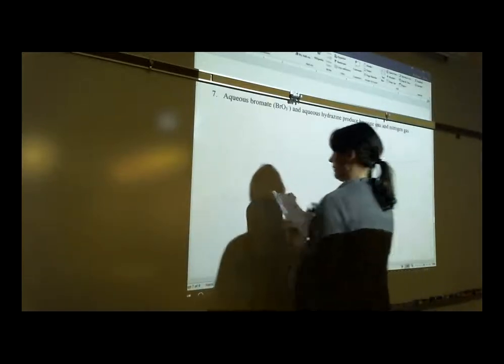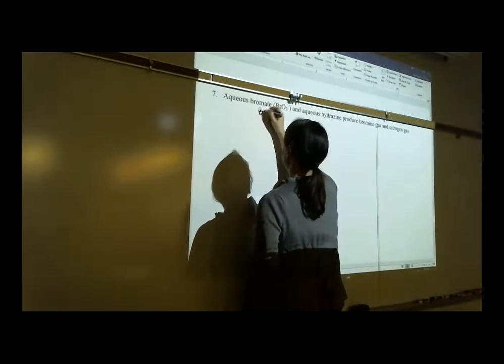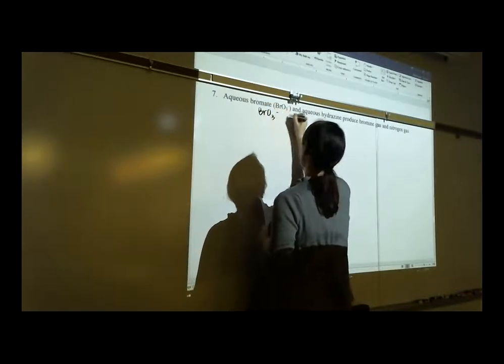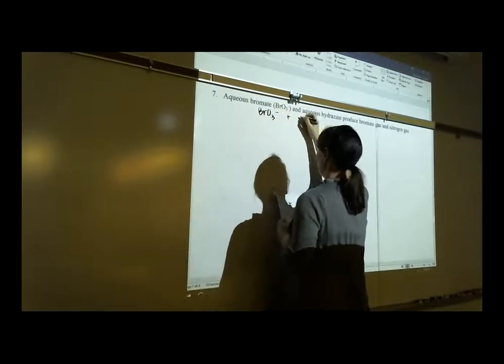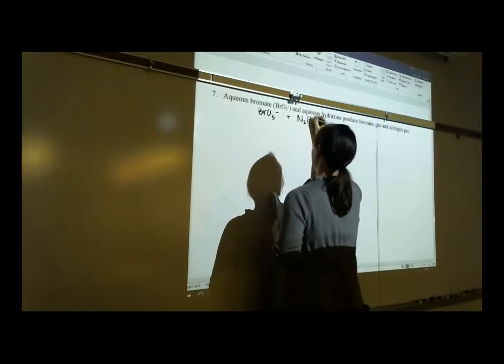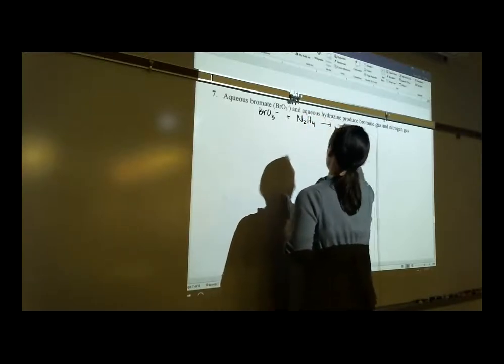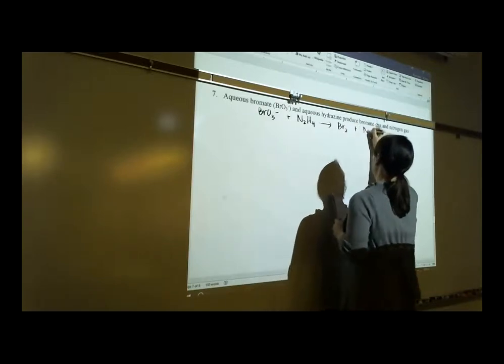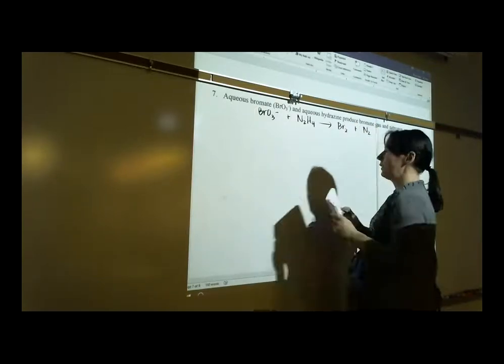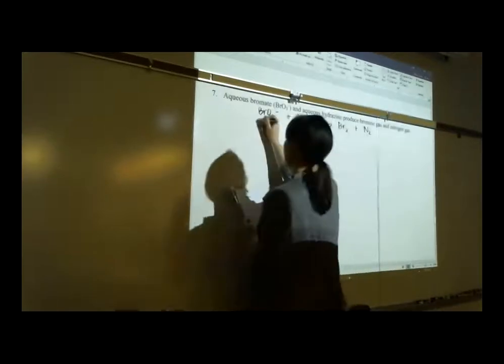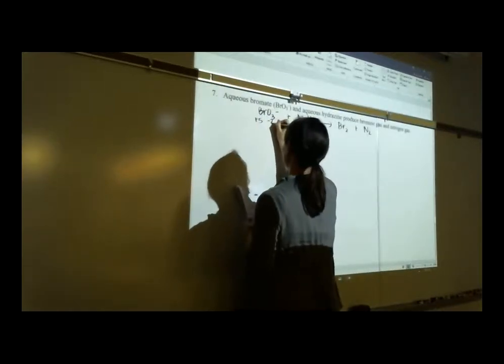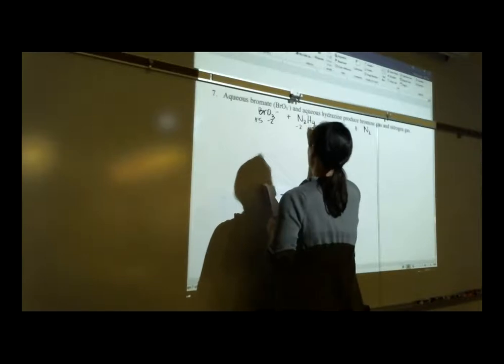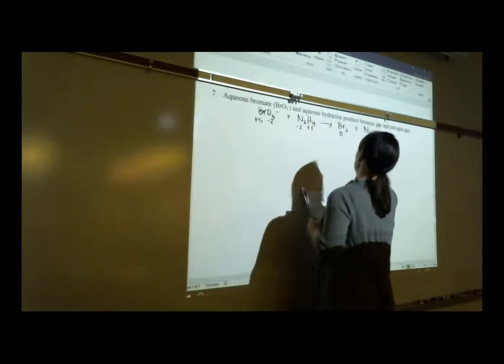We've got bromate, BrO3 minus, and hydrazine, which we just dealt with in the previous problem, producing Br2 and N2. All right, oxidation number time, +5, -2, -2, +1, 0, and 0.